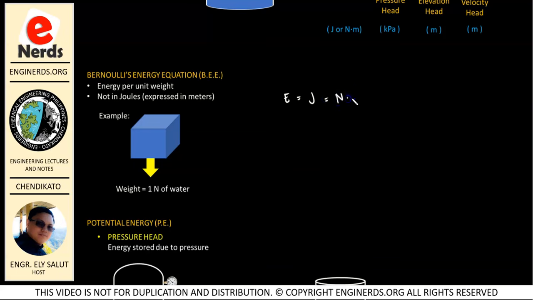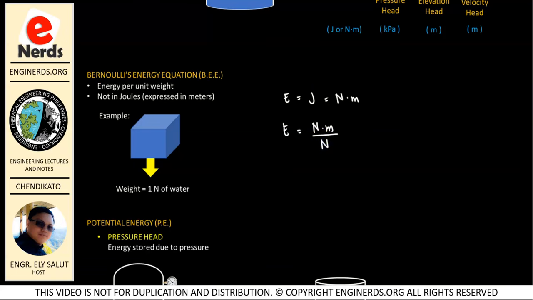So we have Newton meter unit. So now, what do we mean by energy per unit weight? So in 1 Newton of water, we will have energy based from Bernoulli's energy equation will be Newton meter divided by 1 Newton of water.